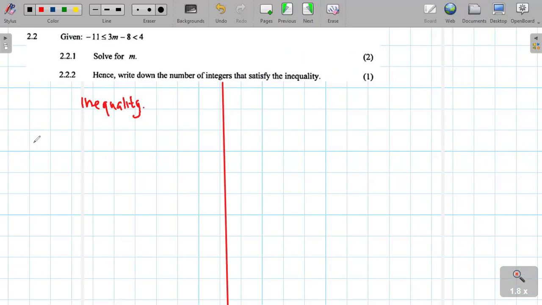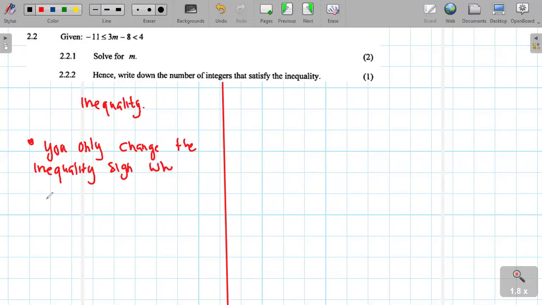The first rule: you only change the inequality sign when you're dividing or multiplying by a negative. That's where the inequality sign changes.